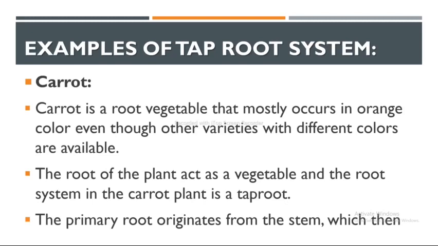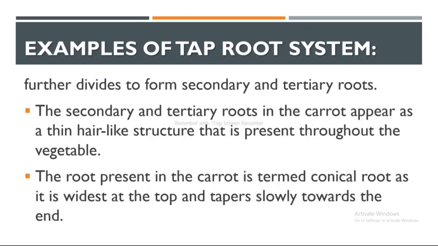So the first example is the carrot. Carrot is a root vegetable that mostly occurs in orange color, even though other varieties with different colors are available. The root of the plant acts as a vegetable and the root system in the carrot plant is a taproot. The primary root originates from the stem, which then further divides to form the secondary and tertiary roots.